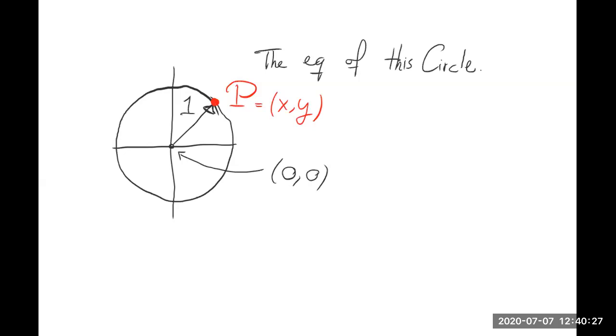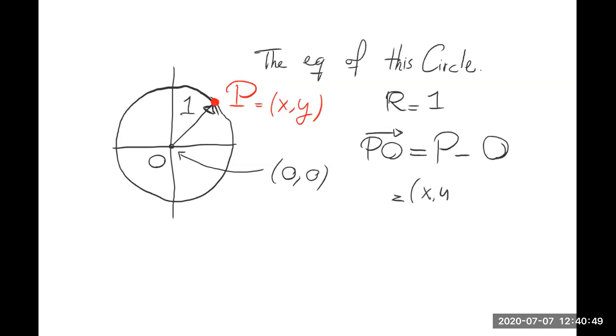Now here we have a unit sphere, right? The r is equal to 1. The radius is equal to 1, right? Look at the vector which connects the origin to P, this vector. As we said earlier, it's P minus O. P is x and y.